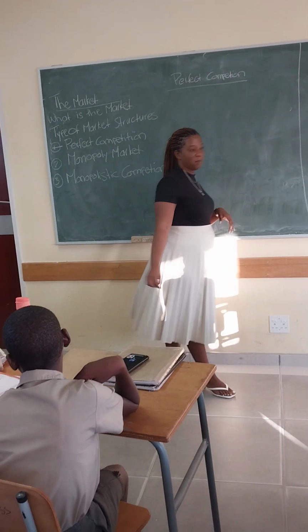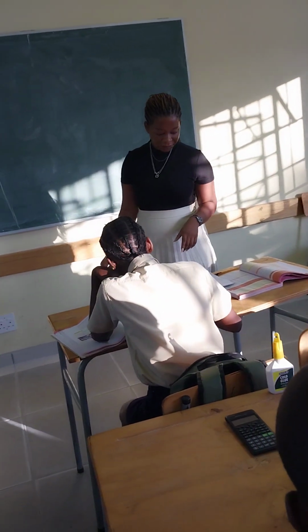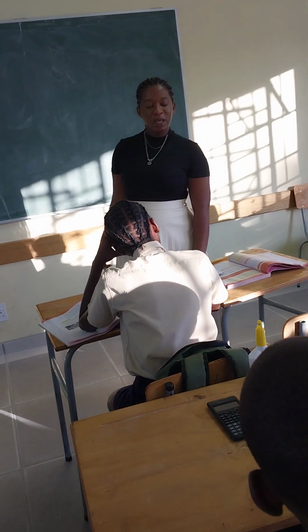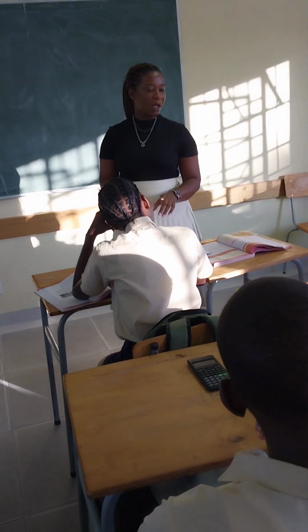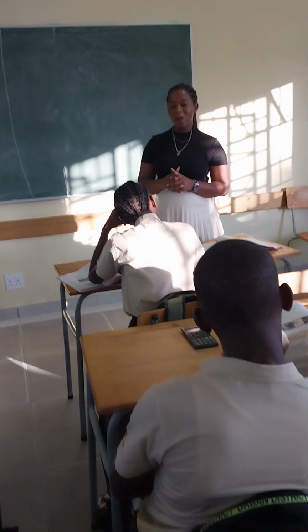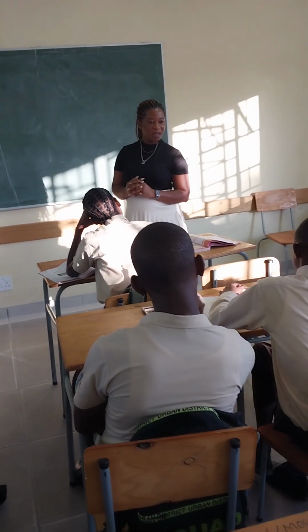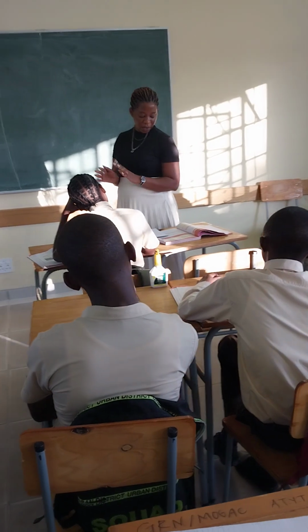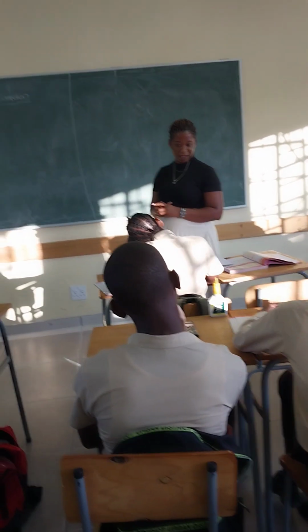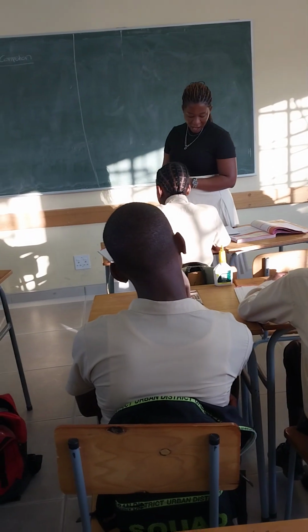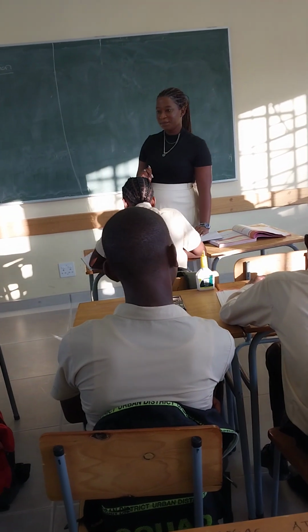How do we describe a perfect competition? So a perfect competition, it's a type of market whereby sellers have identical things. They sell identical products and offer identical services. How do we understand it?